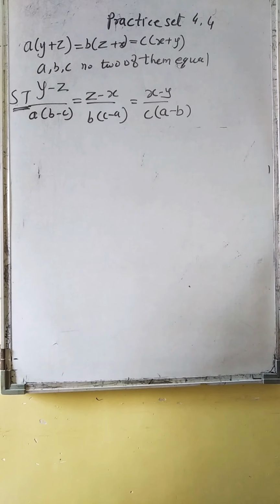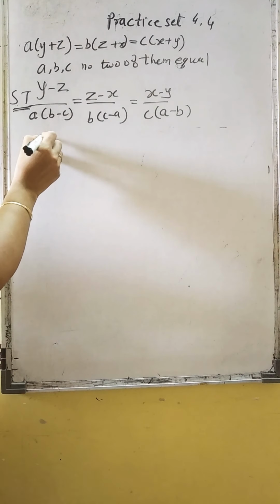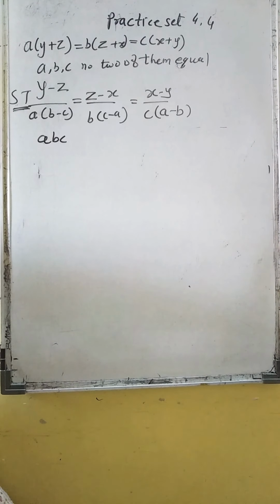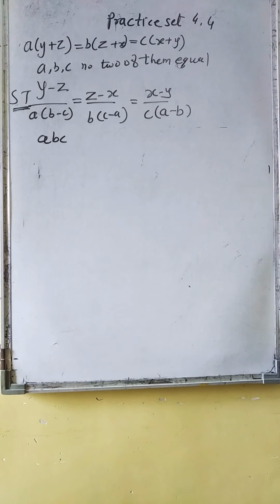Now, a, b, c, no two of them equal means what? Very difficult language, isn't it? What do you mean by that? It means that you can divide by a, b, c because no two of them are equal. Okay, so it means that. Fine. So let us divide by a, b, c.